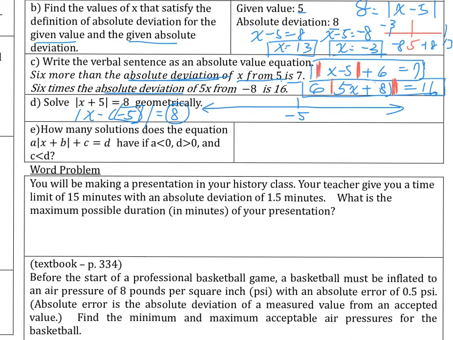So I need to count 8 units to the right. And when I do that, negative 5 plus 8 would give me 3. And negative 5 minus 8 would give me negative 13. It's about here. Okay, so my answers would be negative 13 and 3.